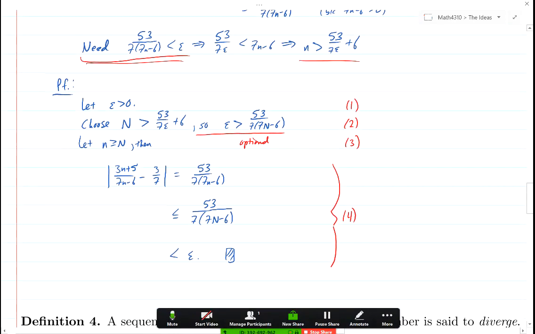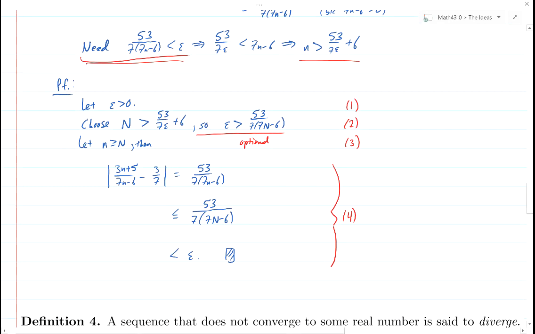We skip our step 0, but we can never skip our step 1. Let epsilon be greater than 0. Again, pick an epsilon, any epsilon, as long as it's greater than 0. And now we choose our capital N greater than what we know from our scratch work, 53/(7 epsilon) + 6.